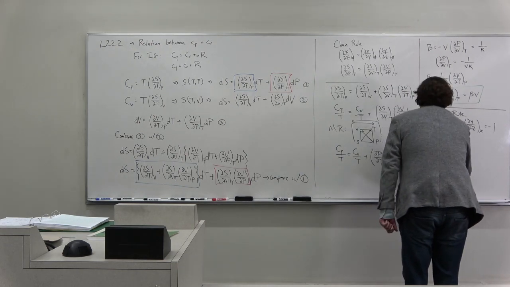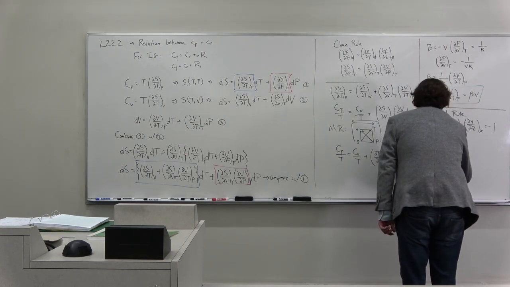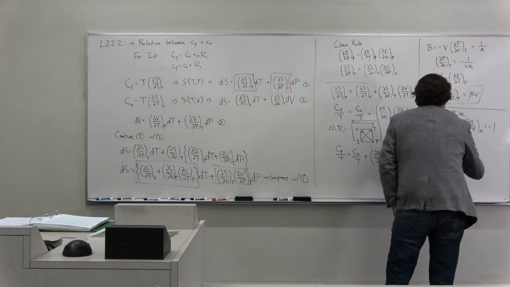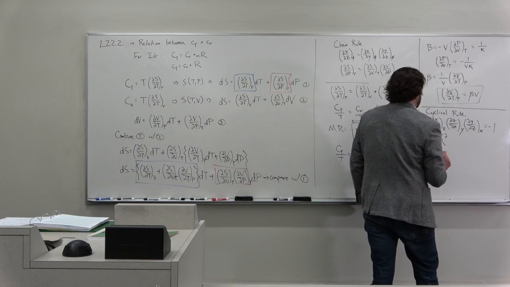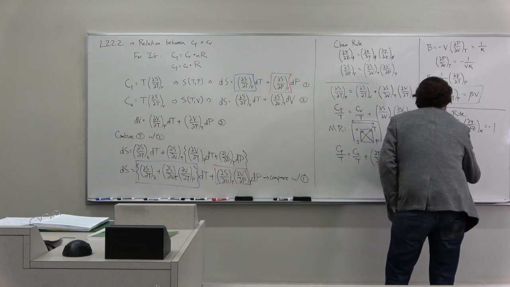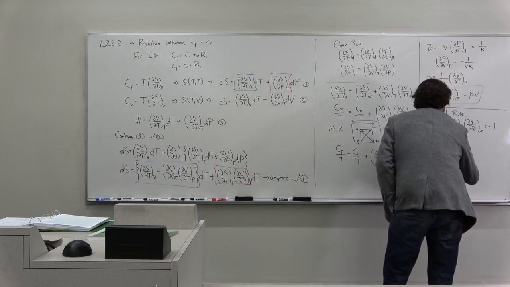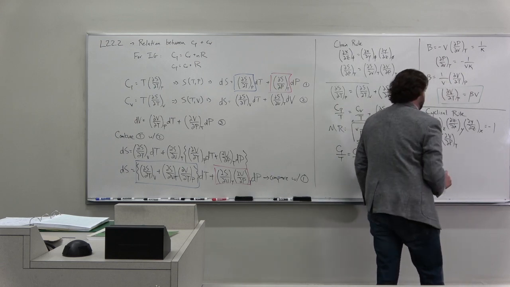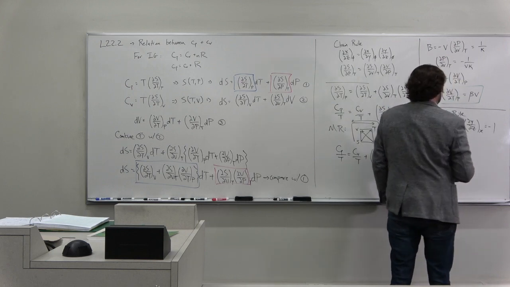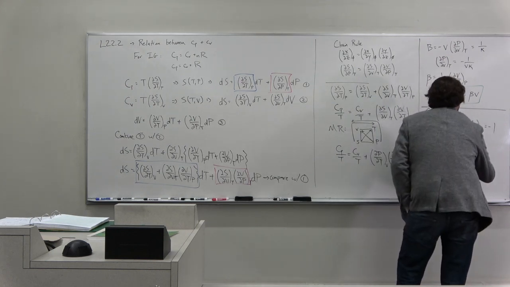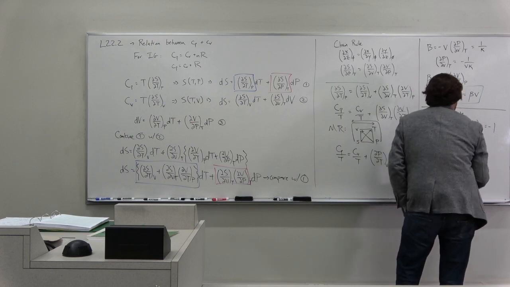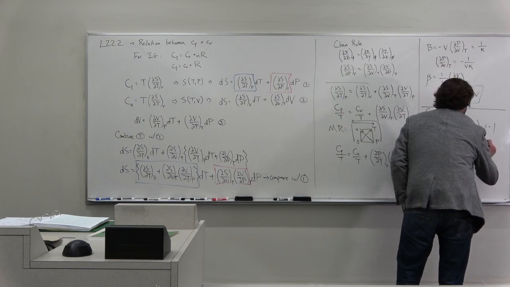Partial P, partial T at constant V, is partial V, partial P at constant T, is partial T, partial V, constant P, is -1.